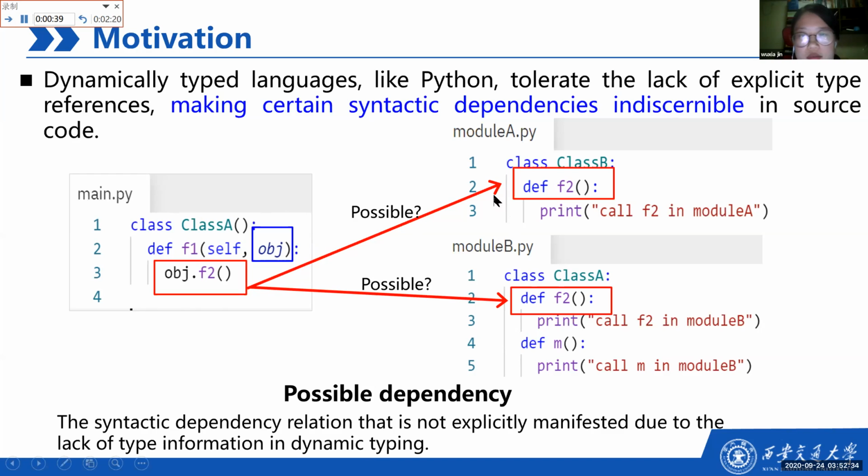Because f2 is defined both in class B and in class A, due to the possibility, we call such call dependencies possible dependencies. The definition is the syntactic dependency relation that's not explicitly manifested due to the lack of type information in dynamic typing.